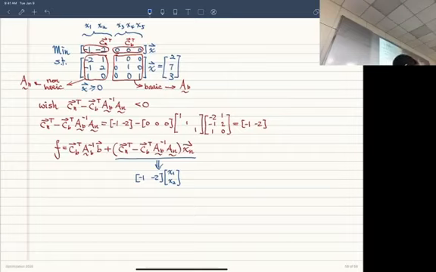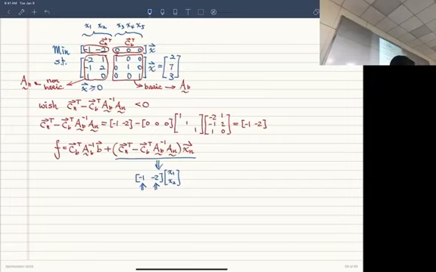So over here we realize the coefficient for x1 is -1 and the coefficient for x2 is -2. Both of them are negative. For LP, it's a good sign.